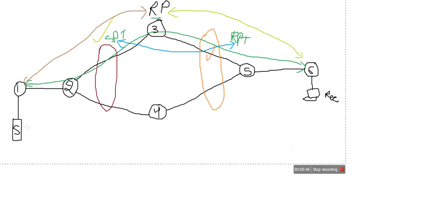One more question would be, in spite of all this, let's say this is a healthy scenario, traffic is flowing from source to receiver and going good. But what happened is there was a switch in the middle which went down, but it recovered. So the unicast routing path changed.